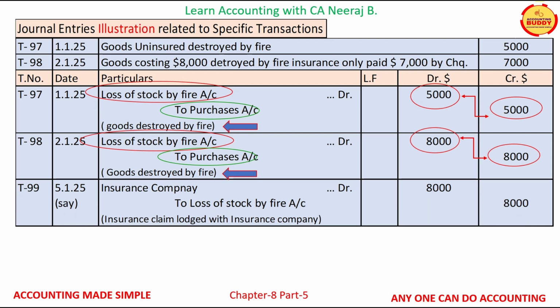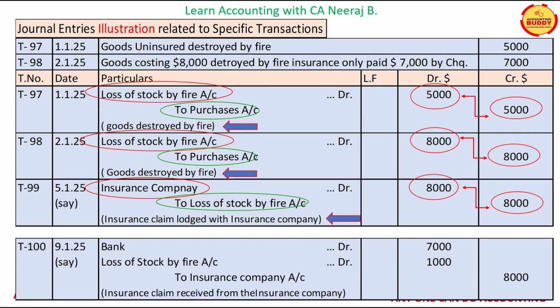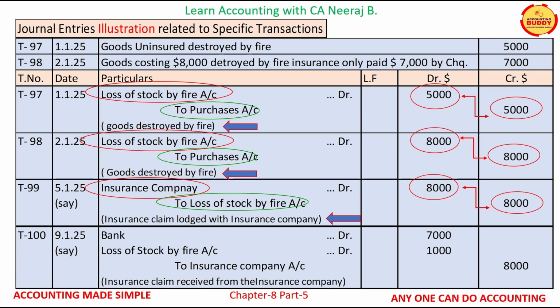Second transaction T99 is passed when the business has lodged a claim with the insurance company by debiting insurance company account and crediting loss of stock by fire account for $8000 with proper narration for the entry. Third transaction number T100 is passed when the insurance company paid $7,000 to settle the claim of $8,000.